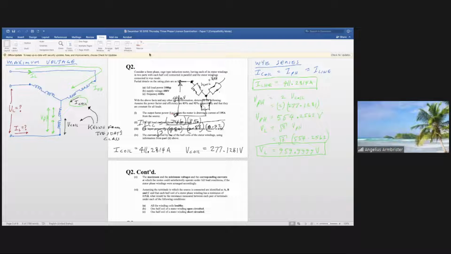Okay, so let's multiply that out. Let's say 411.2814 times 959.1244 times 0.83 times 0.92 times root 3 divided by 746.